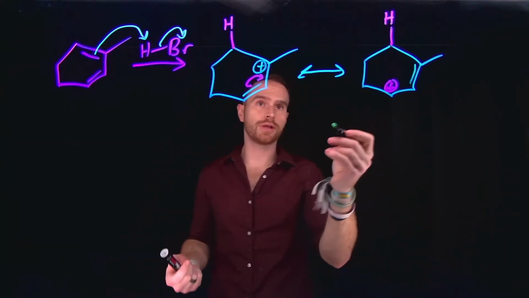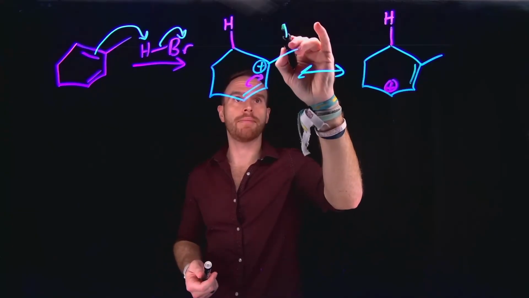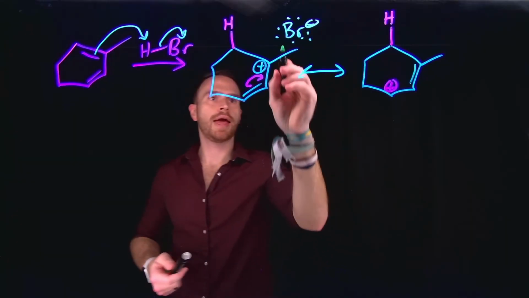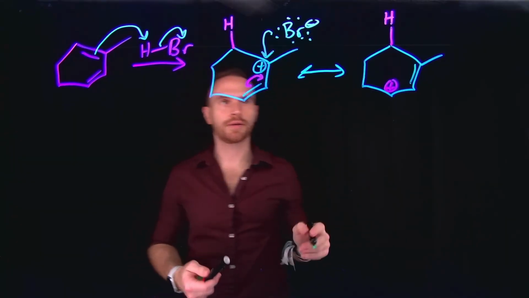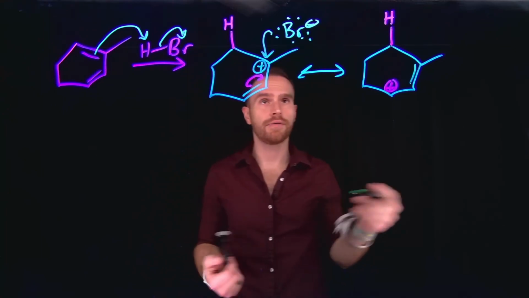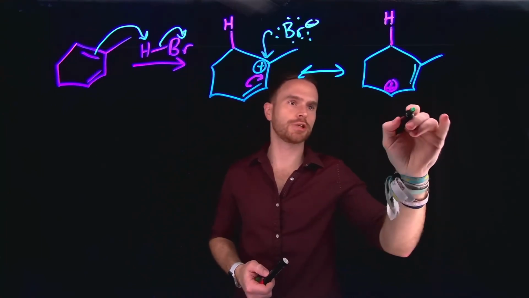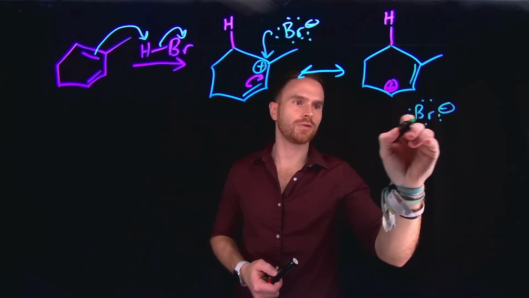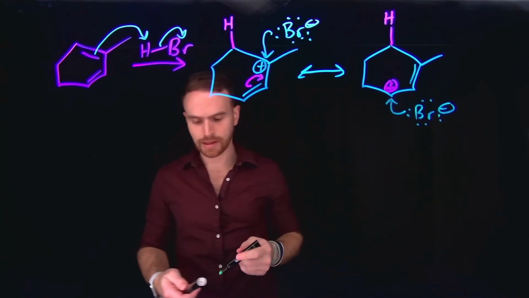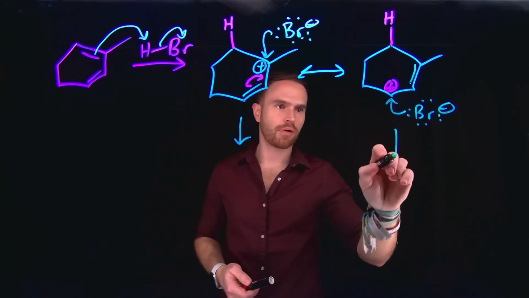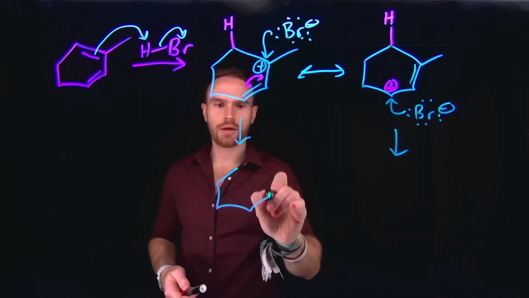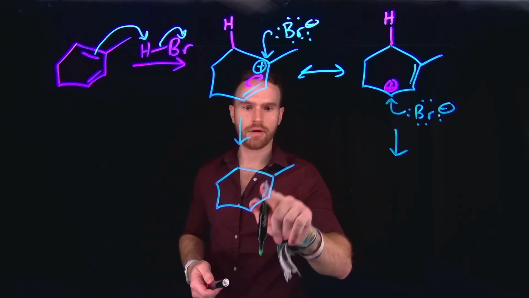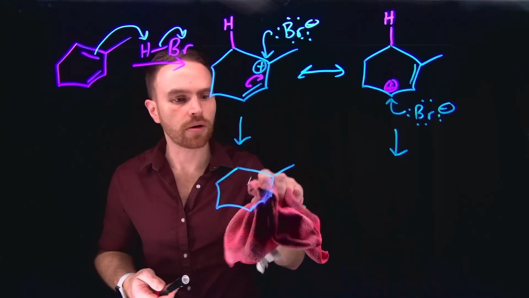Now we have 2 different positions where bromide could come and add. So I'm going to draw in our electrons, and we can see that there is one product that could form via the attack of the nucleophile bromide at this carbocation position, and then similarly the bromide could come in and act as a nucleophile at this carbon position. This is going to generate 2 different products which look like this, where we have our, sorry, I drew the wrong one.